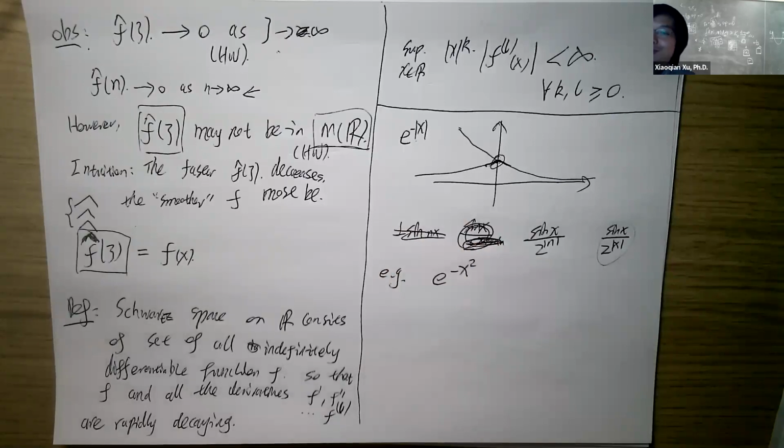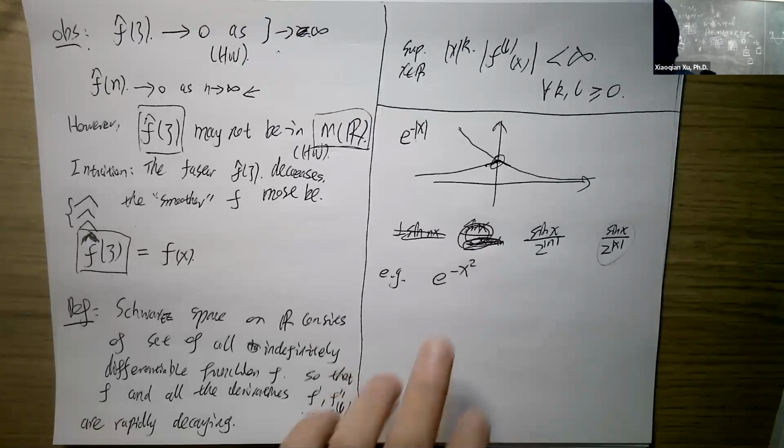The only problem for this function is if you take the derivative, you will have some polynomial multiplying it in front. So that might be a problem. However, if you look at it, the only thing that will be different if you take the derivative of this function is that you multiply the original function by some polynomial, right?